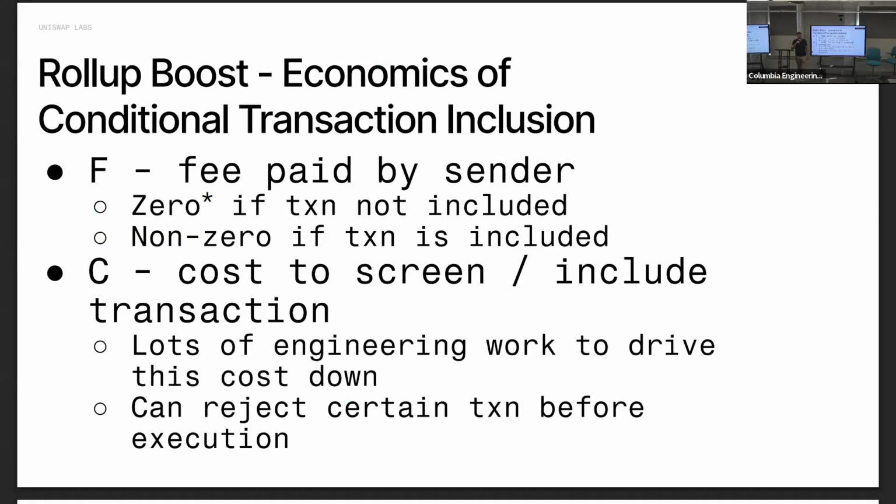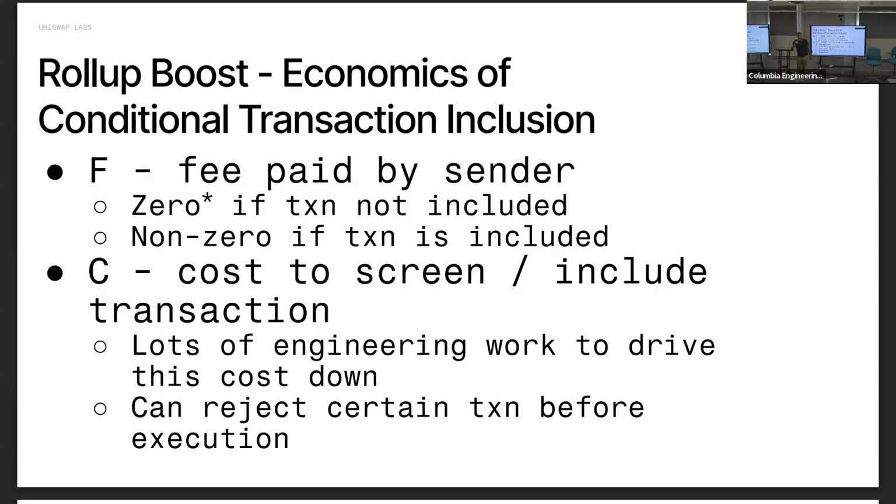This is my only attempt at economics in this entire talk. I got a lot of questions last time about denial of service or spam attacks on revert protection, where basically if you send a revert protected transaction, you don't pay a fee if it reverts. I will argue that the fee is 0, but the cost to the sender is not 0. And then on our side, we can change how much it costs us to screen it.